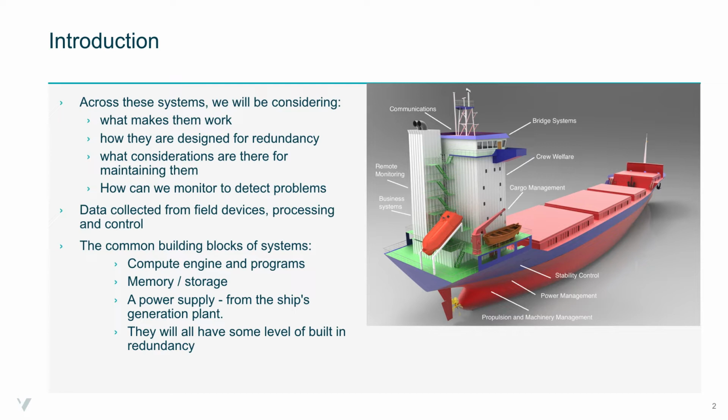A power supply, as I've mentioned, oftentimes that might be a redundant power supply with multiple independent modules, and that's fed from the ship's generating plant. And as I've said, all of these systems will have some level of built-in redundancy in the event of failure. And that level of redundancy should equate to the criticality of that particular system.